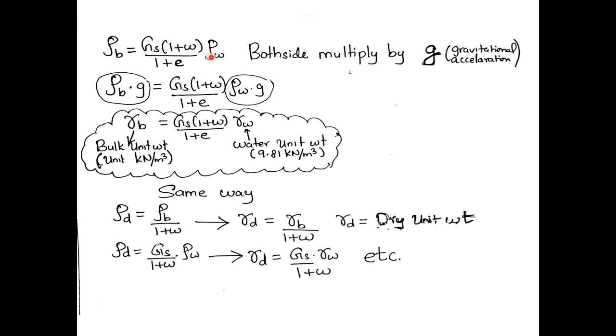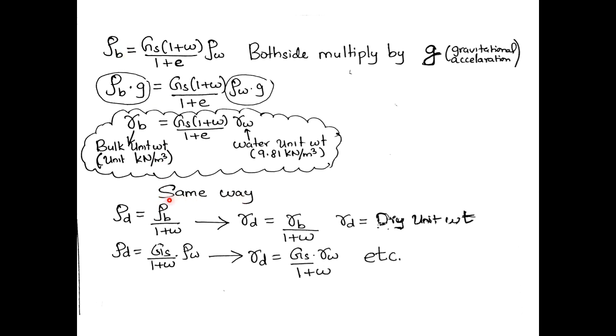In this equation, rho W is 1000 kilogram per meter cube, unit kilogram per meter cube. Sometimes rho W is in gram per centimeter cube, that is 1 gram per centimeter cube. We will see this later in an example.